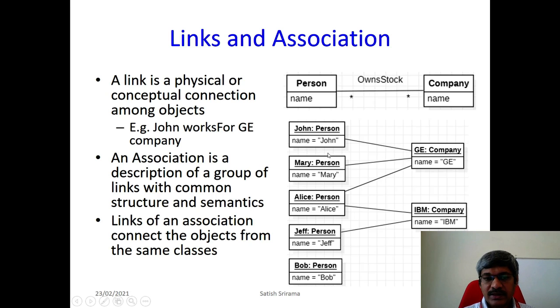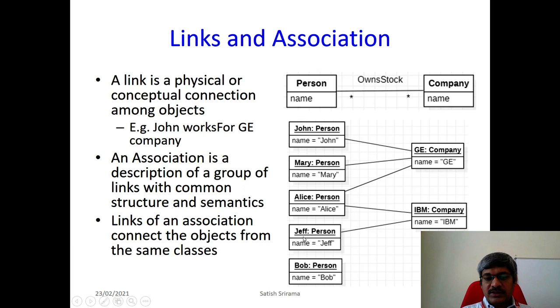For example, you can have an association like this between the classes. A person is a class and a company is a class, and now you have an association like owns stock, or a person works for a company.